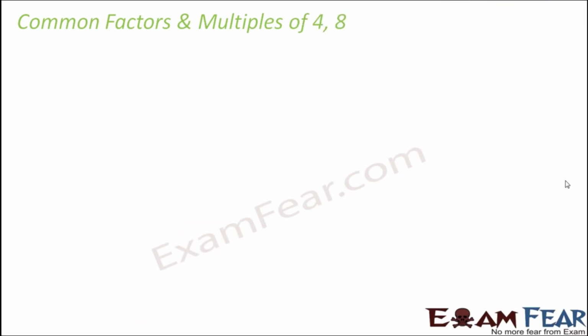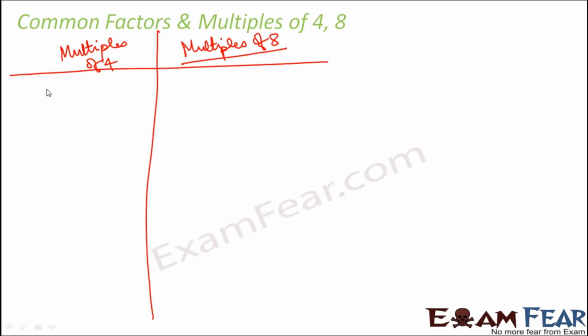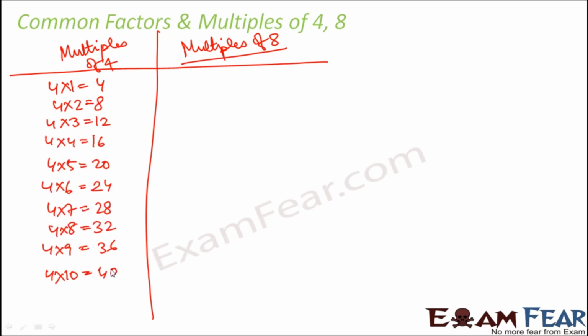Now to have a better understanding, let us try to find out common factors and multiples of these two numbers, 4 and 8. So how will we do that? Again, in a similar way, first we will write down multiples of 4 and on the other side we will write down the multiples of 8. So it would go somewhat like this.